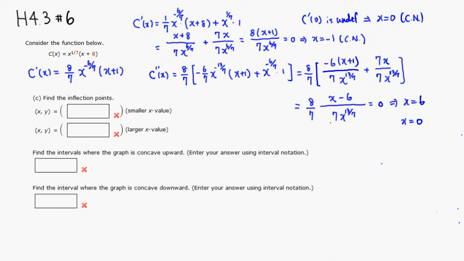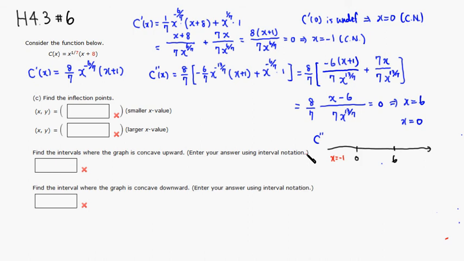Then we look at the number line again. This time we're going to use 0 and 6. Then you look at the sign of C double prime. Let's try something less than 0, x equals negative 1.